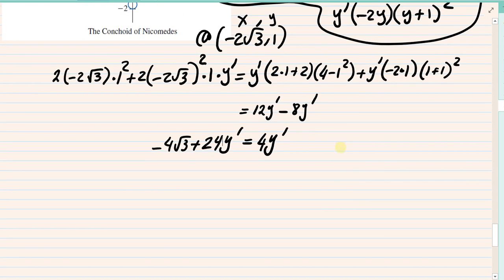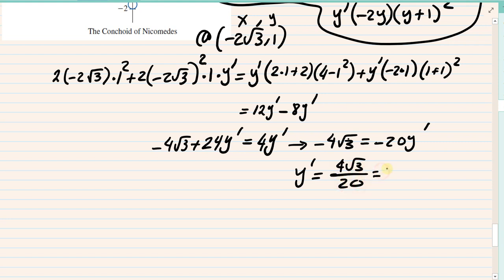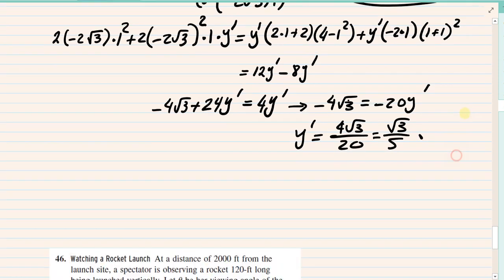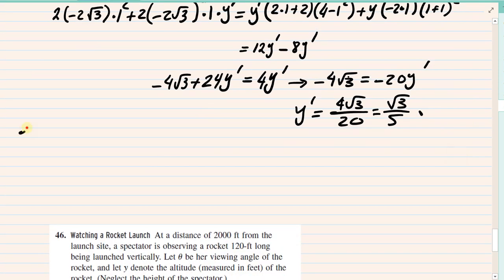Okay, I'm going to subtract 24y prime from both sides, and that makes it negative 20y prime on the other side. So y prime must be 4 root 3 divided by 20, divide the 4's out, that's root 3 divided by 5. So that's going to be the slope of the tangent line.